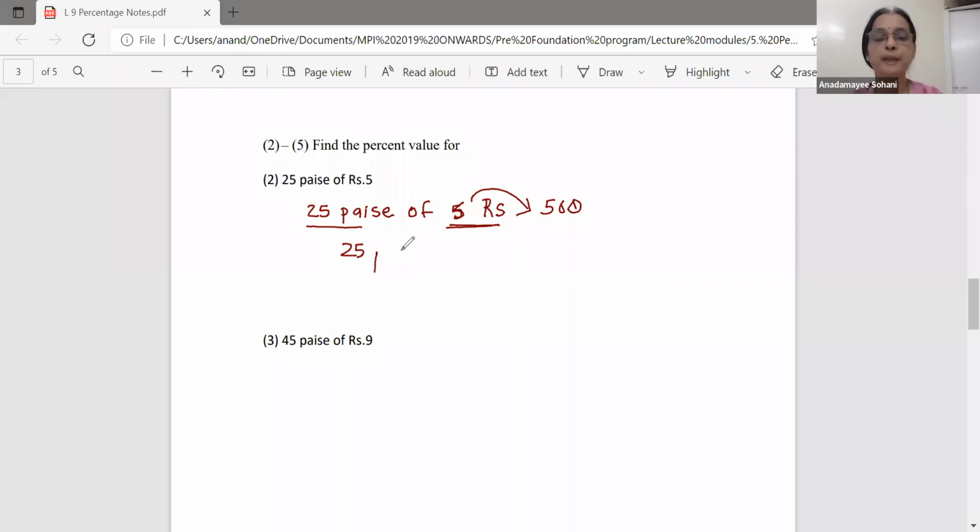See how I'm writing the equation. Pay attention. 25 paise is equal to what percent of 500 paise. See how I'm converting?